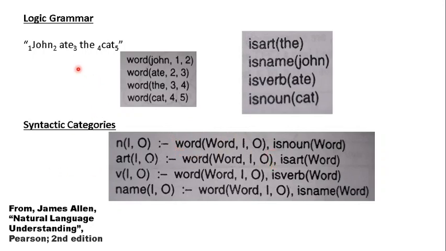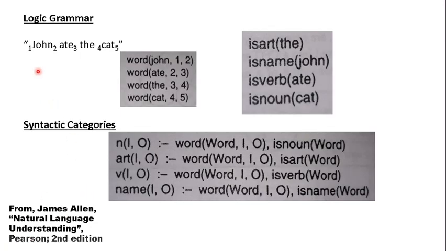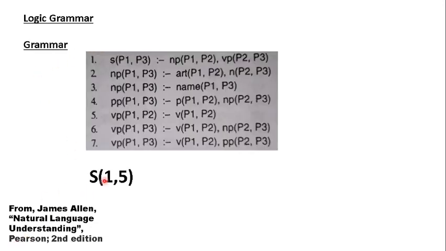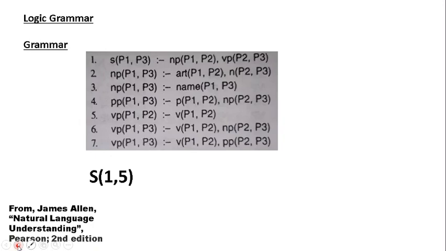This is how we generally represent grammar in the form of predicate logic. Suppose that we want to parse the sentence John ate the cat. We give a predicate like S(1,5) and check whether such a predicate is true as per this grammar and all these predicates which are supposed to be true. That is how we parse with respect to logic.